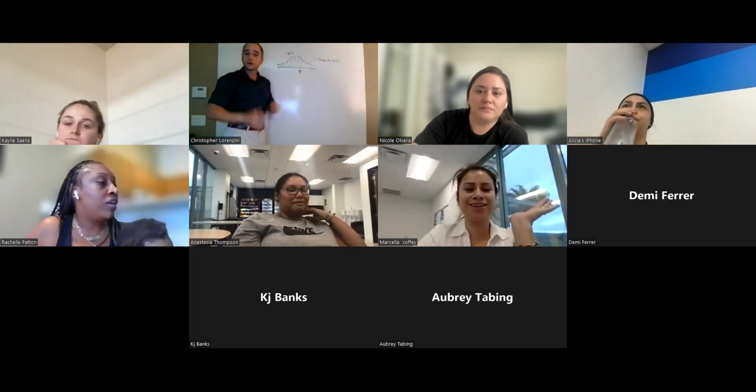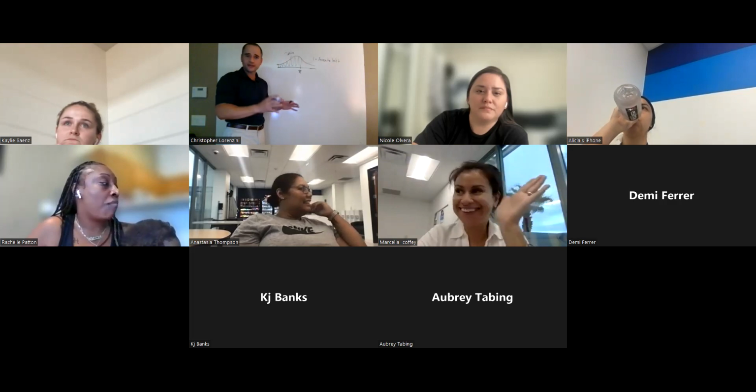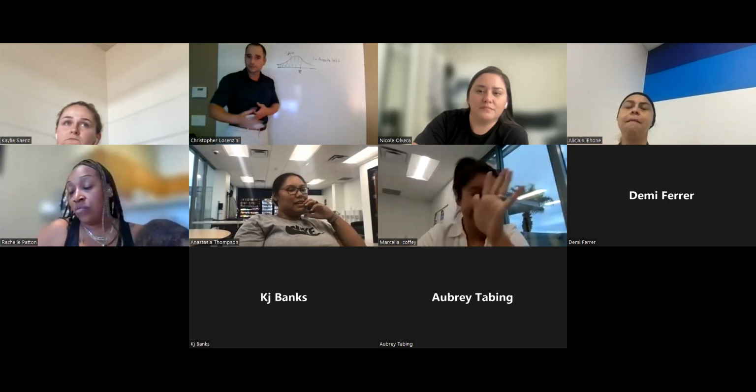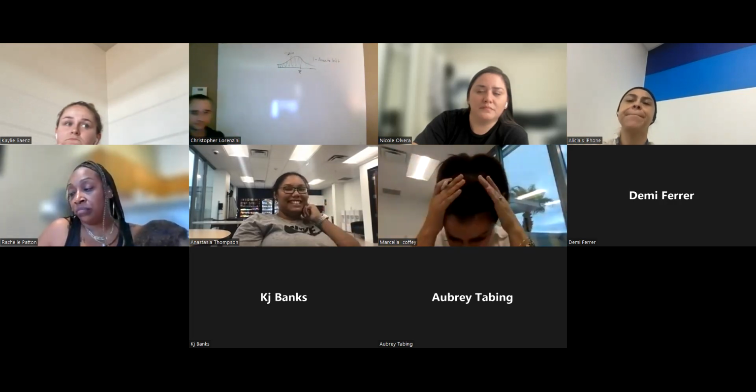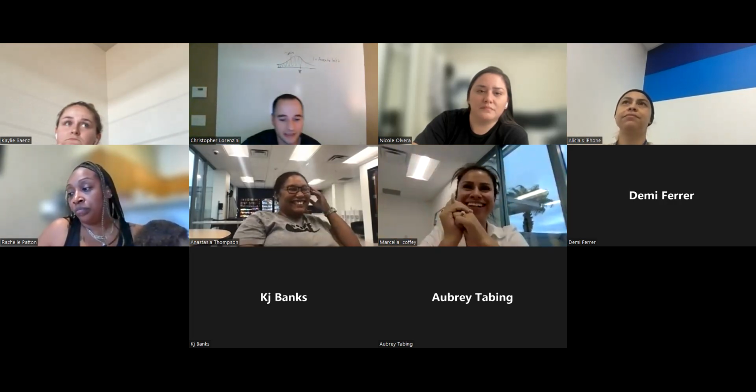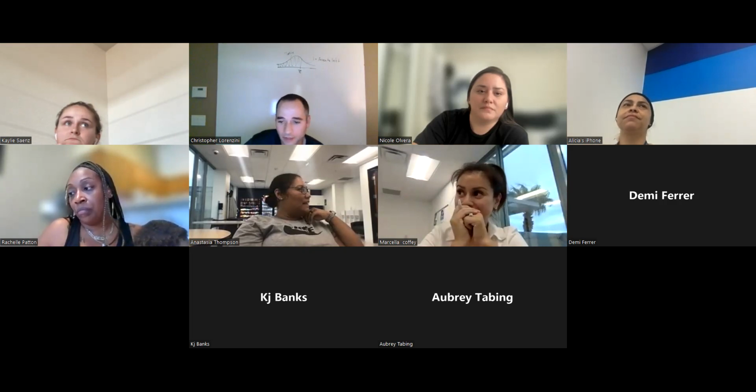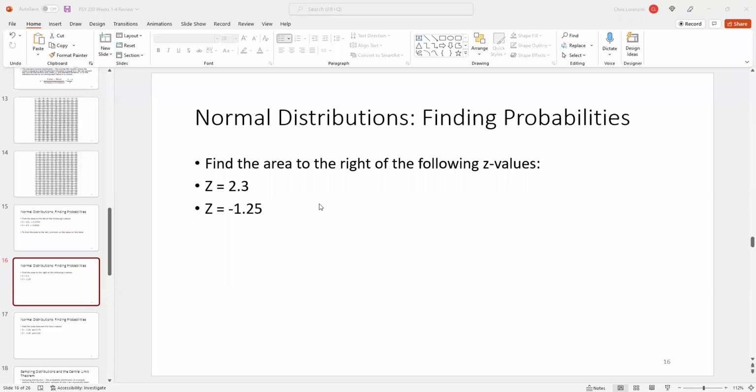So that's what I'm trying to do. I'm going to look up the value on the table, find that as the area to the left, and then I'm going to subtract it from 1. And that's going to give me the area to the right. So let's take a look at doing some of those values here. All right, let's find the area to the right of z equals 2.3.